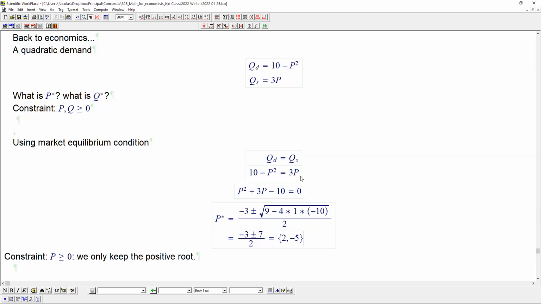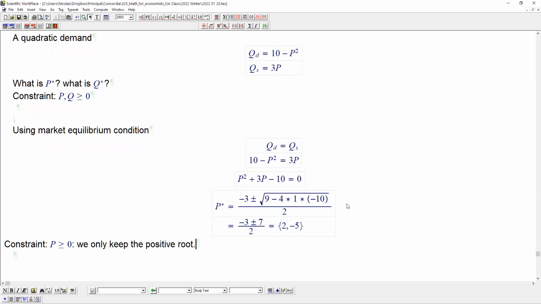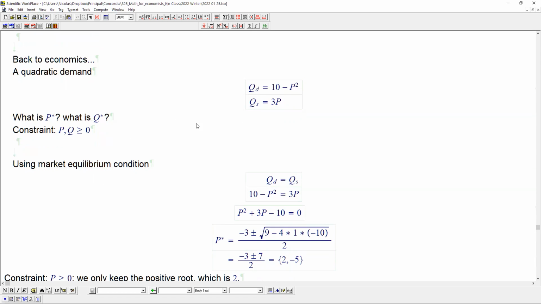Okay, yeah. So we keep the positive root, which is 2. And finding Q. So let's just use this.